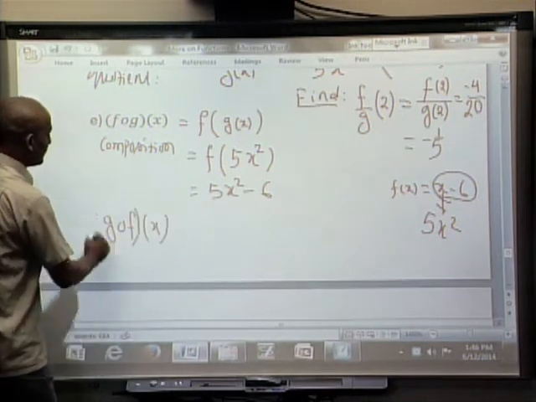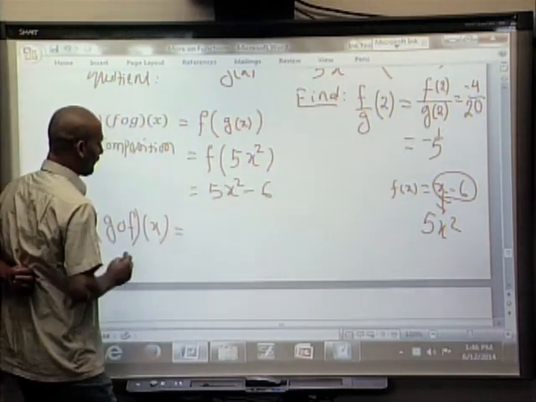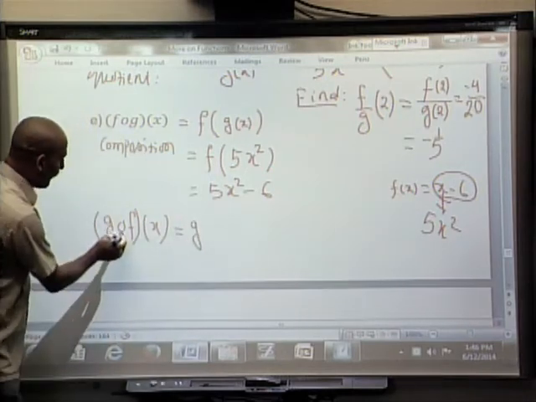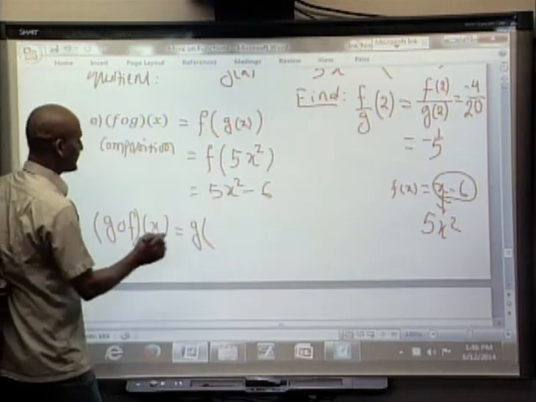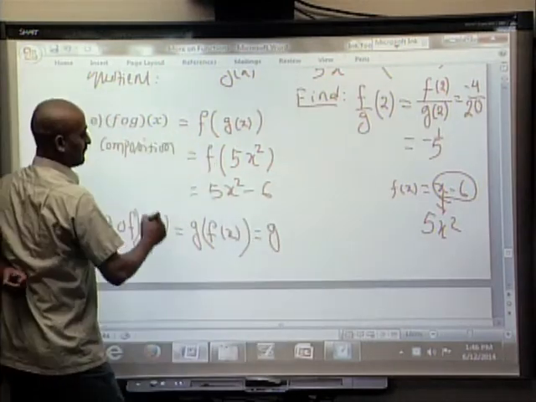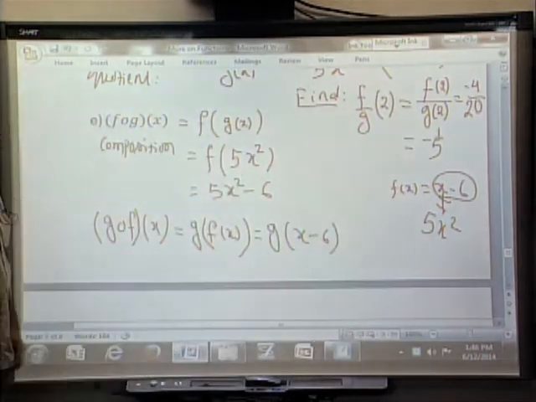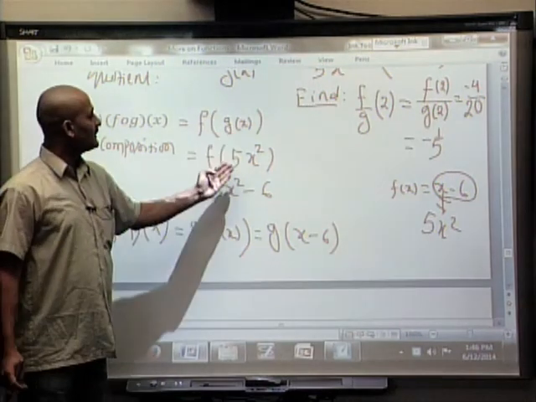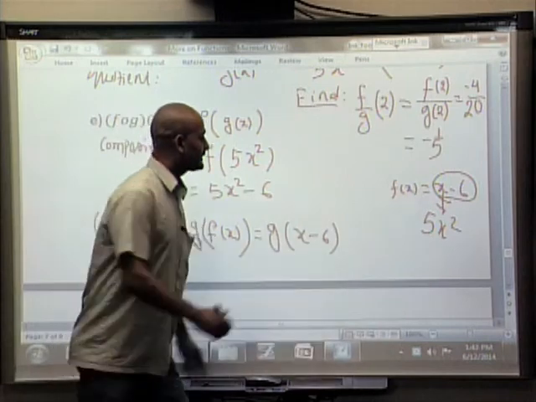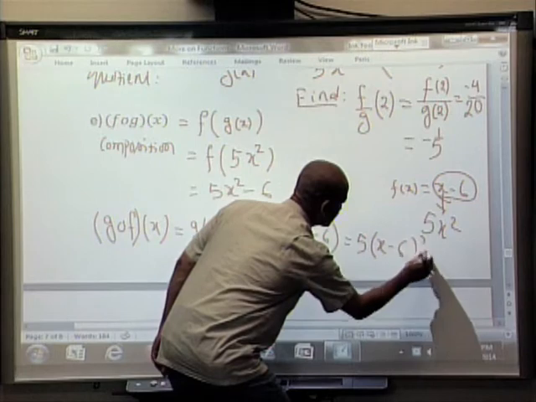So I am switching the order of g and f. g remains g, the composition sign will change into parentheses, f of x. Well, I know f of x is given to be x minus 6, and we already know g of x is 5 times x squared. Now g of x minus 6 is nothing more than 5 times x minus 6 squared.